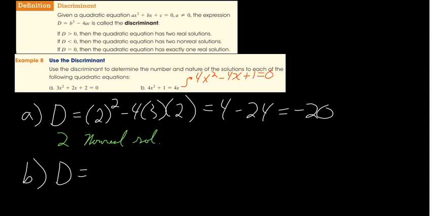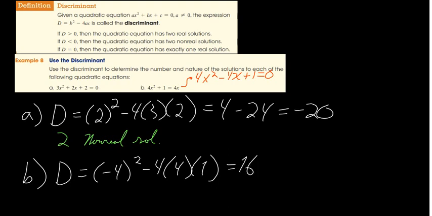My discriminant is b squared, and my b here is -4. So (-4) squared minus 4 times a, which is 4, times c, which is 1. (-4) squared is 16. 4 times 4 is 16, times 1 is 16.